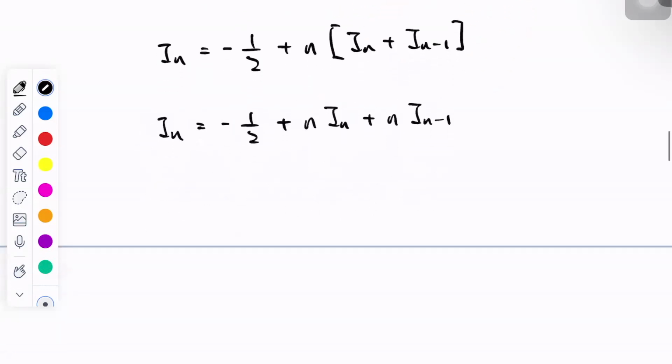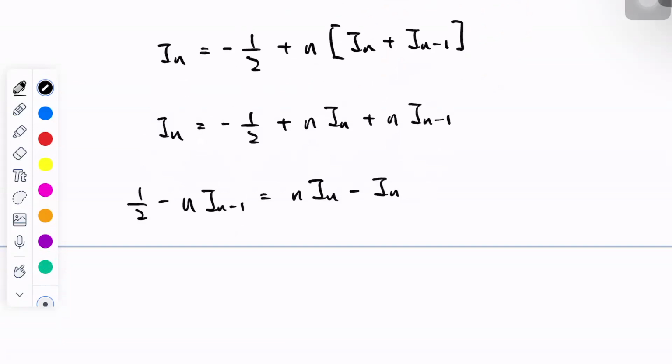Then I will move all the terms containing I_n on one side without the I_n on another side. So that will be just 1/2 minus (n minus 1) equals n I_n minus I_n.